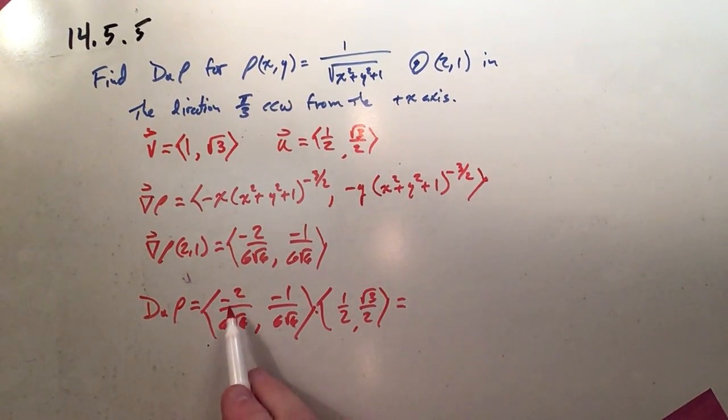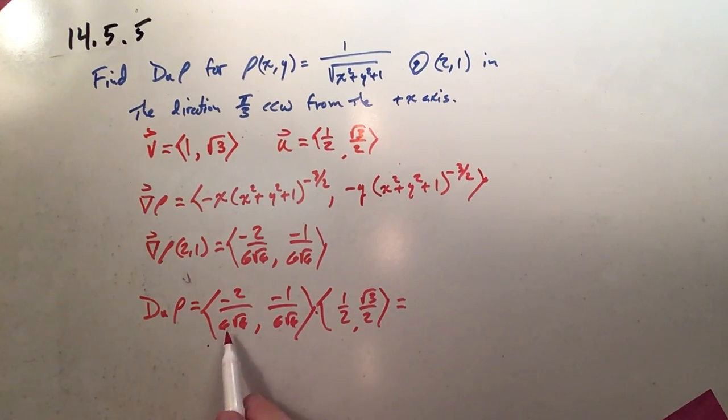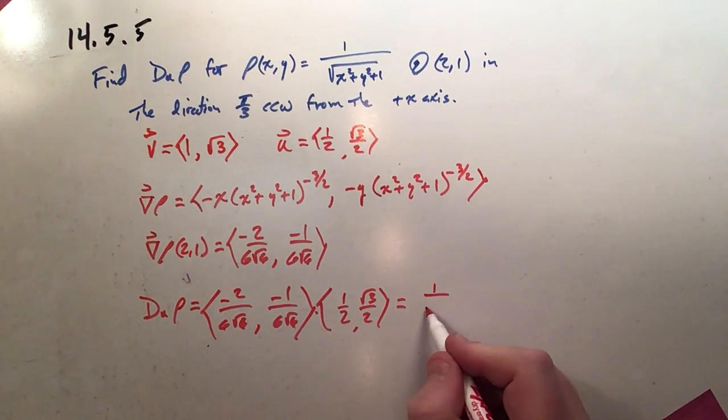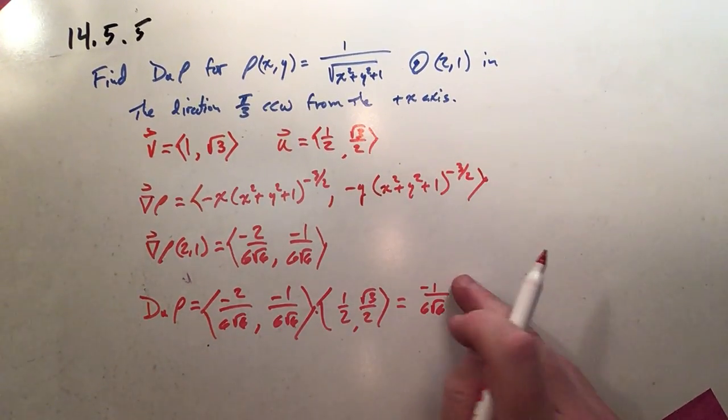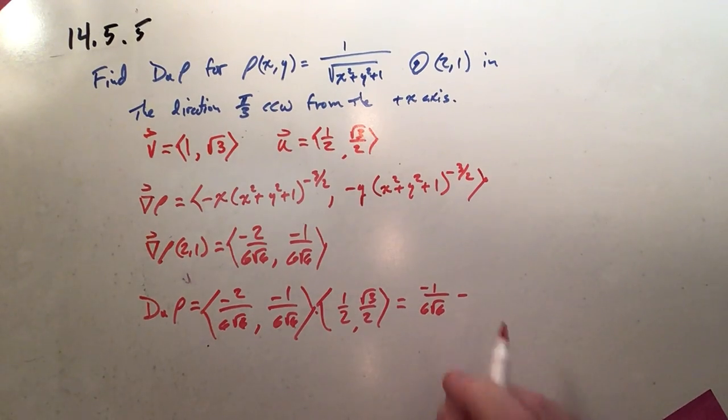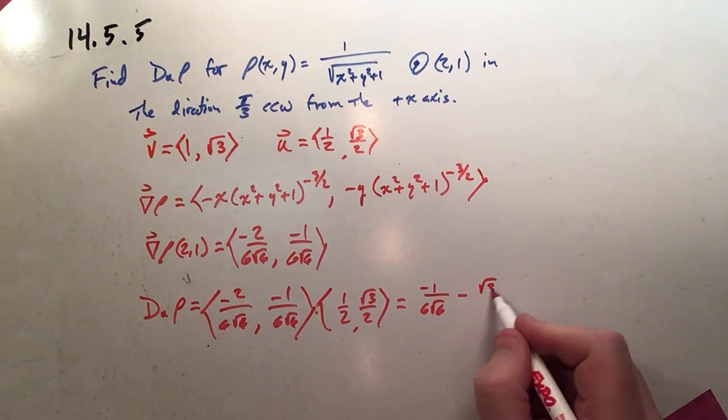And that produces as products, it's just going to be negative 1 over 6 radical 6, plus, and this one's also going to be negative, so minus, and then this will be radical 3 over 12 radical 6.